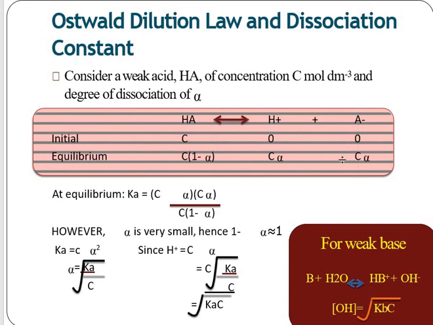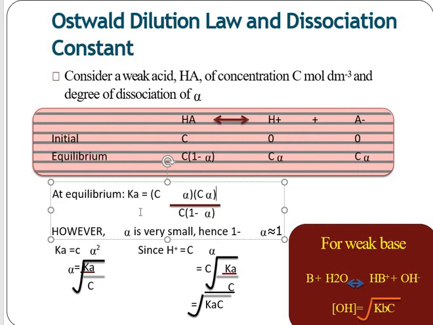So you can consider C alpha, and the H plus ion concentration is also C alpha, and the concentration of HA is C(1 minus alpha). So these are the concentrations at equilibrium, and by using them you can calculate Ka, the dissociation constant.